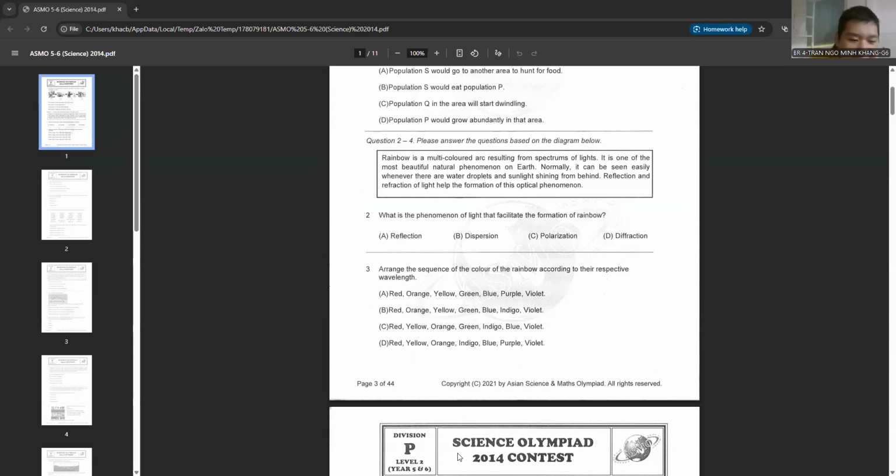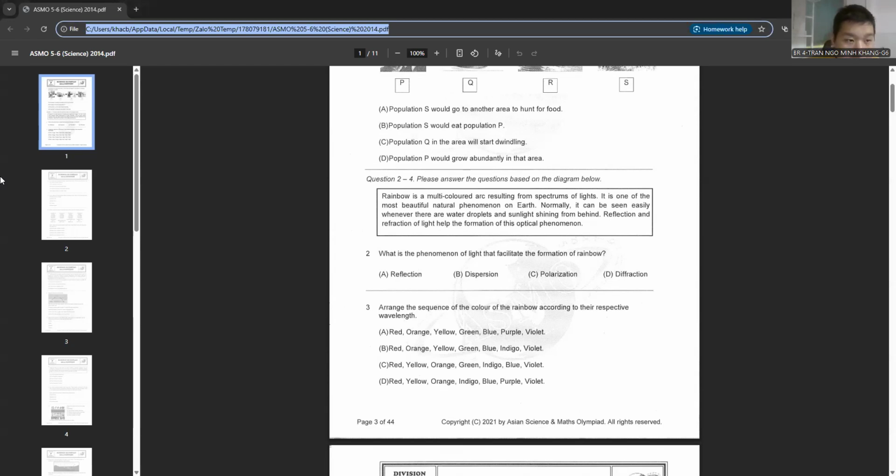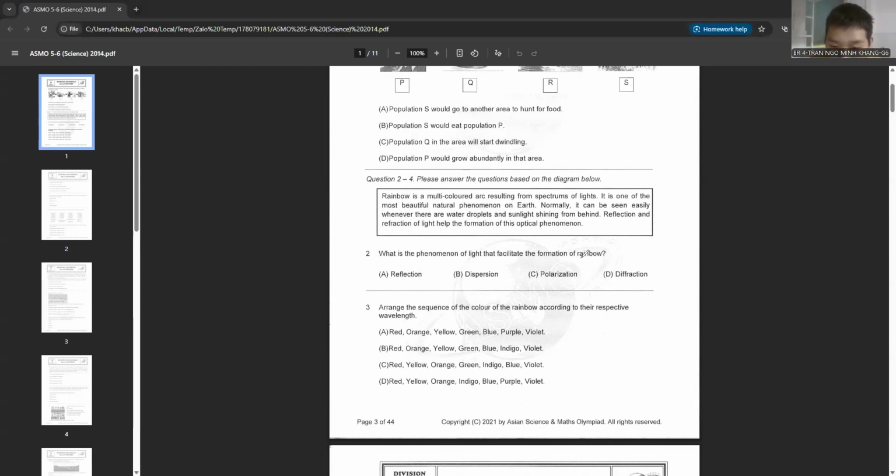But in simple terms, polarization is kind of like blocking a range of light so that you can only get one type of wavelength. And diffraction is also something that should be kept for another time. So it's dispersion. Dispersion is when something separates into lights of different wavelengths, which in this case are different colors.